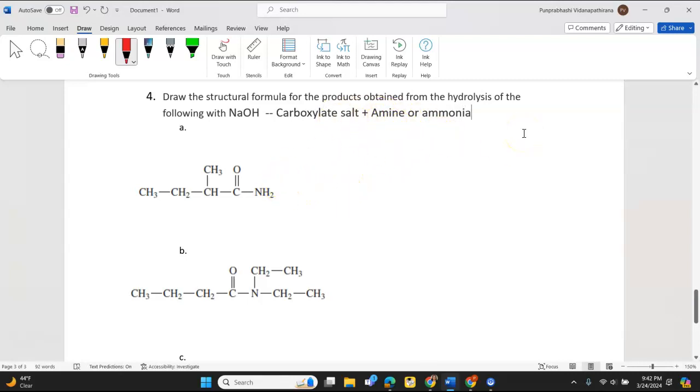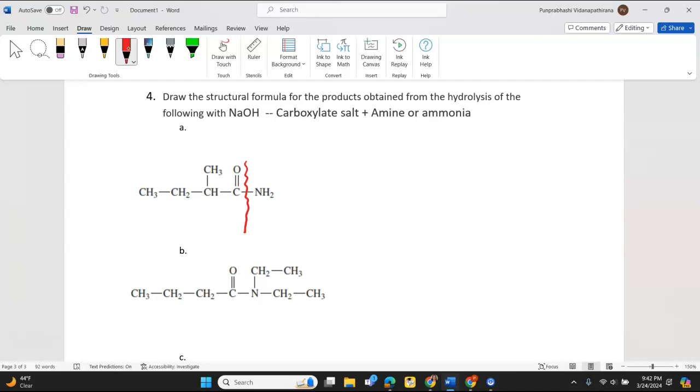So in the first one, we have this structure. So first, as always, you need to break up the carbon-nitrogen bond. And in my lecture video, I showed you a shortcut to predict the products faster, right?